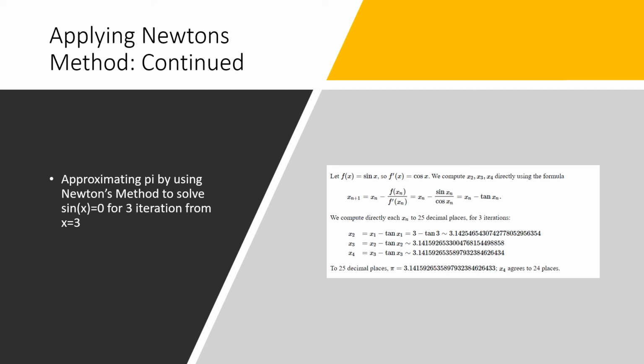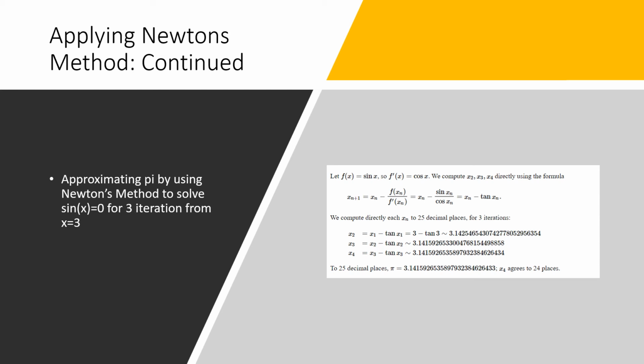And that's going to equal xn minus sine xn over cosine xn, which in turn is going to equal xn minus tangent xn. It makes a little bit of sense if we're just thinking about this algebraically. Then we compute directly each xn to 25 decimal places for 3 iterations.